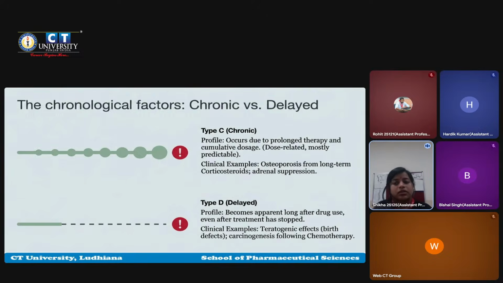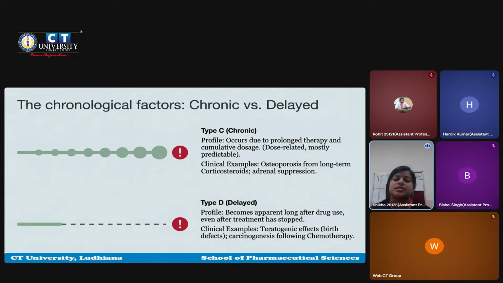So with long term therapies, means if you have hypertension, diabetes, or any kind of cardiovascular disease, where treatment is chronic over a long period of time. Next, clinical examples are osteoporosis from long term corticosteroids and adrenal suppression.